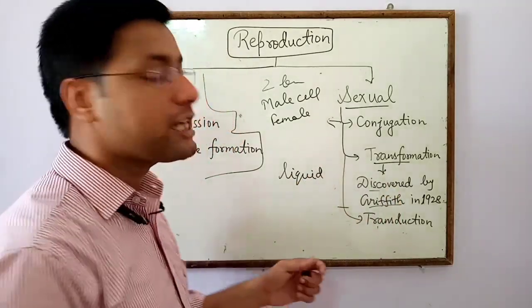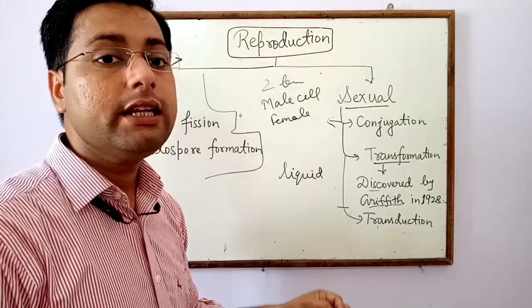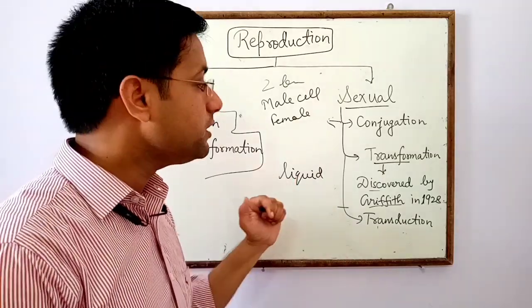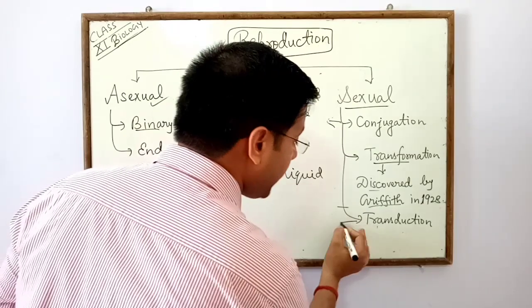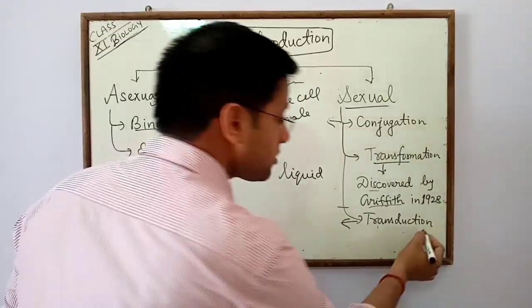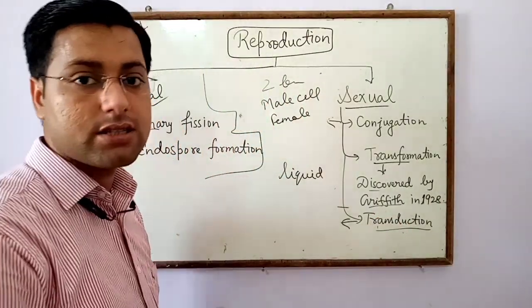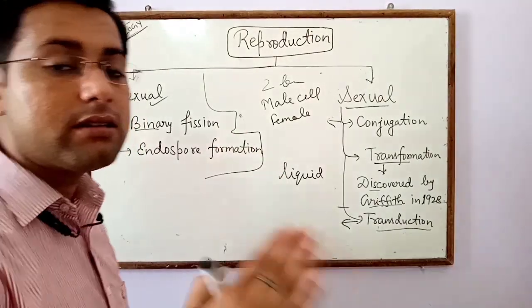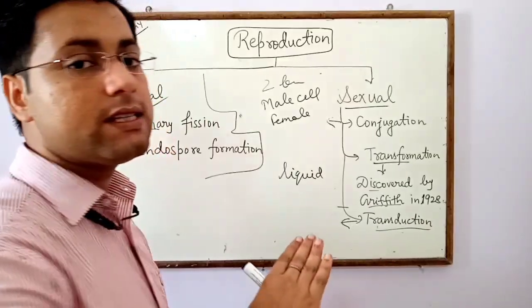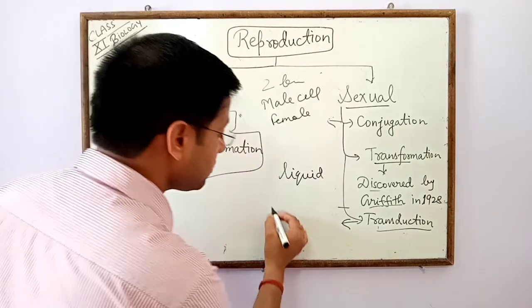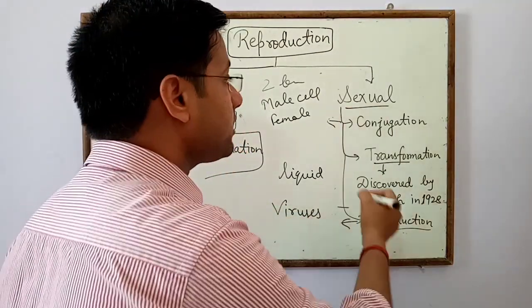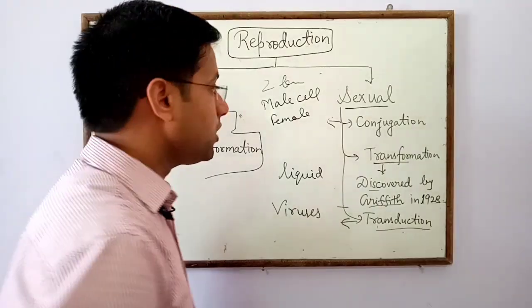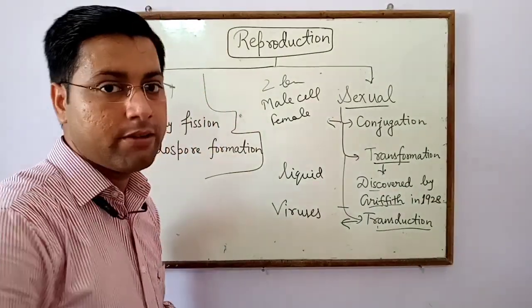Third, in transduction, a DNA segment is transferred from one cell to another cell through viruses. So these are the sexual methods of reproduction in bacteria.